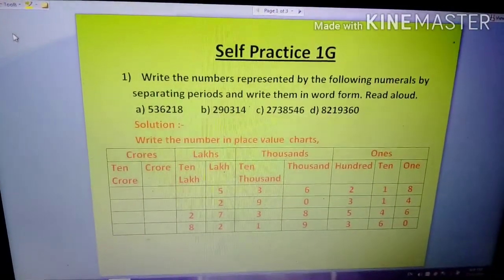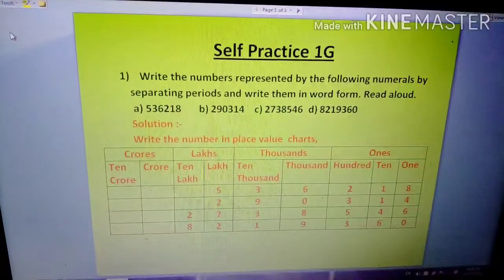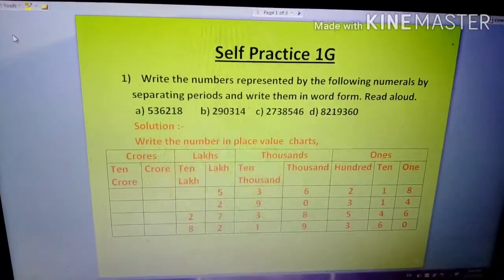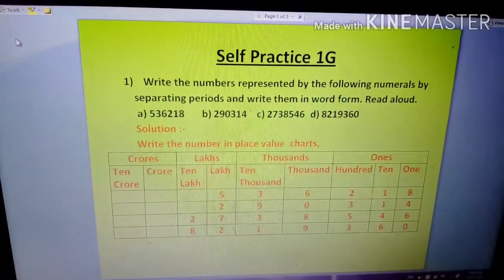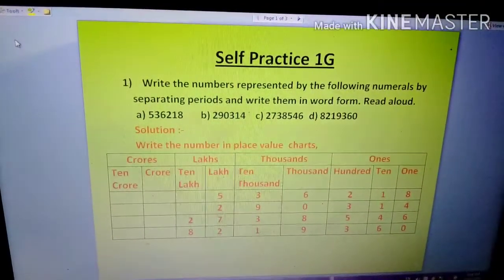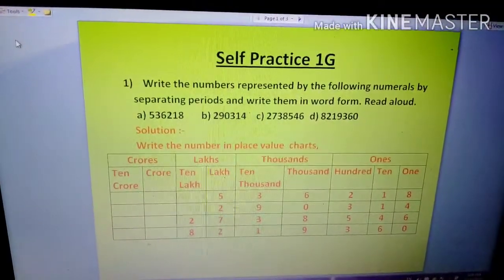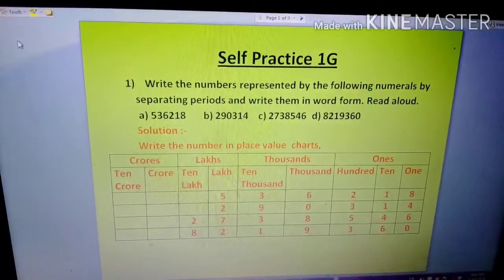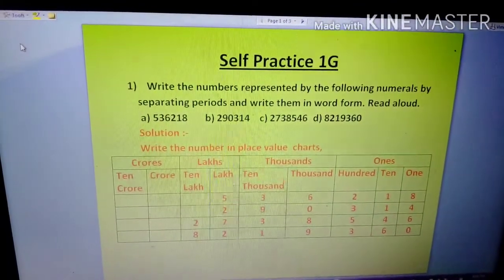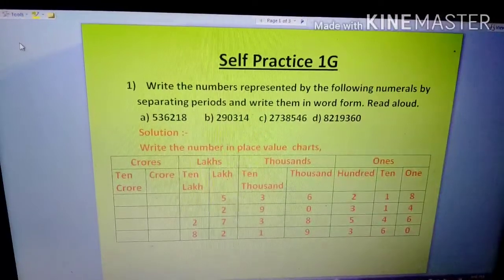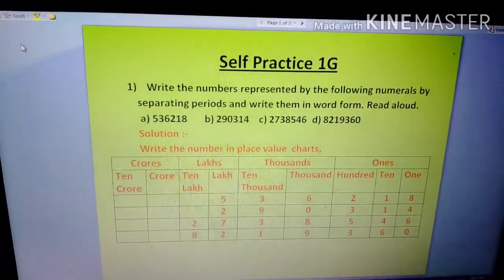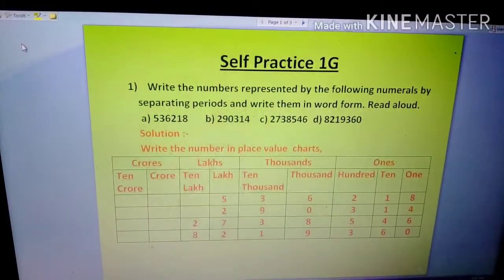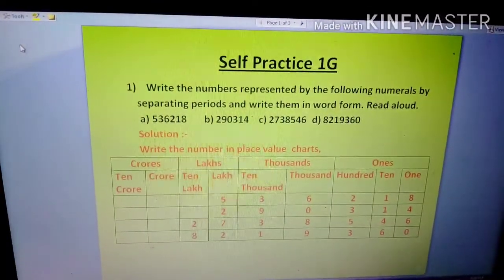When we start putting a number in the place value chart, we start from the right of the given number and go to the left. Firstly, we put the first number, that is 5, 3, 6, 2, 1, 8. We start from right to left.